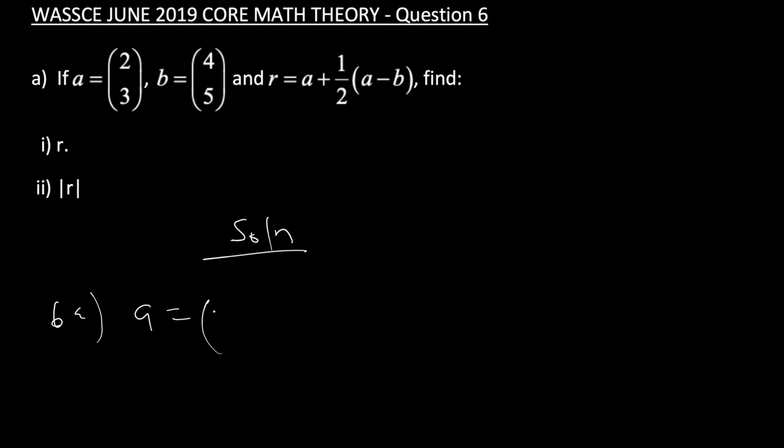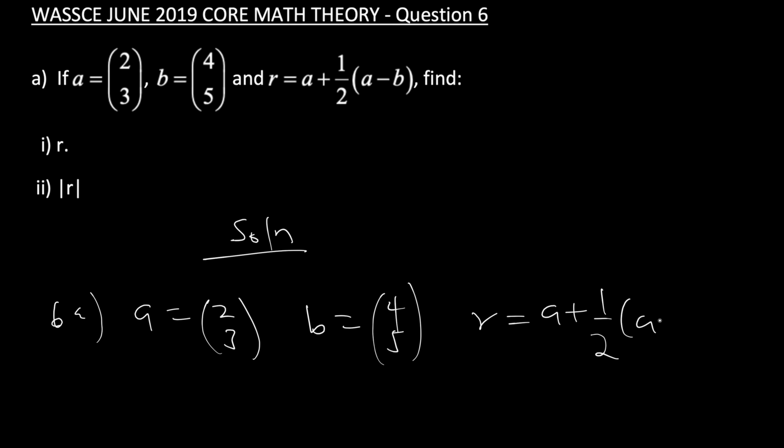Our A is equal to (2, 3), and our B is equal to (4, 5). Our R is equal to A plus 1 over 2 (A minus B).